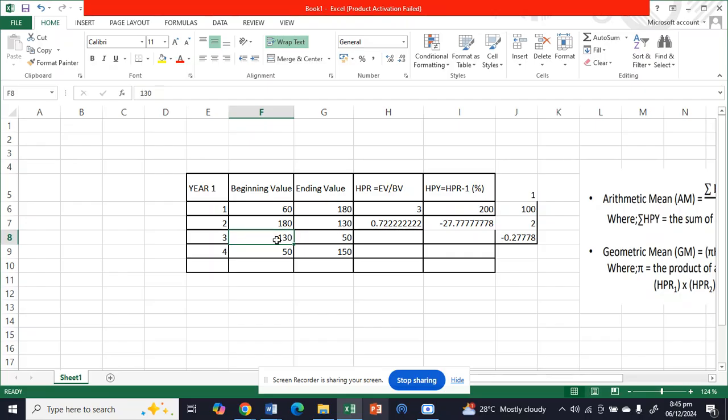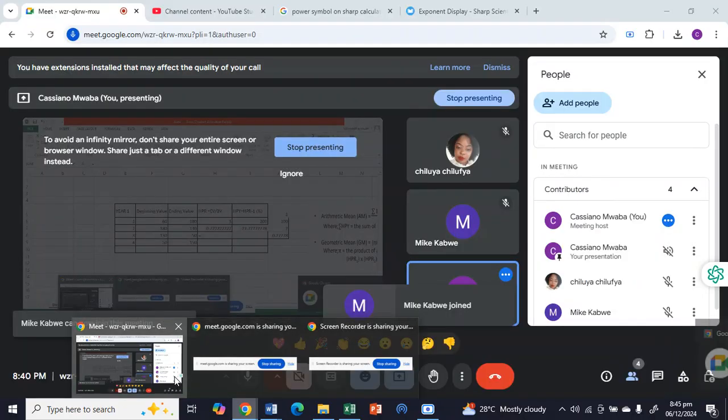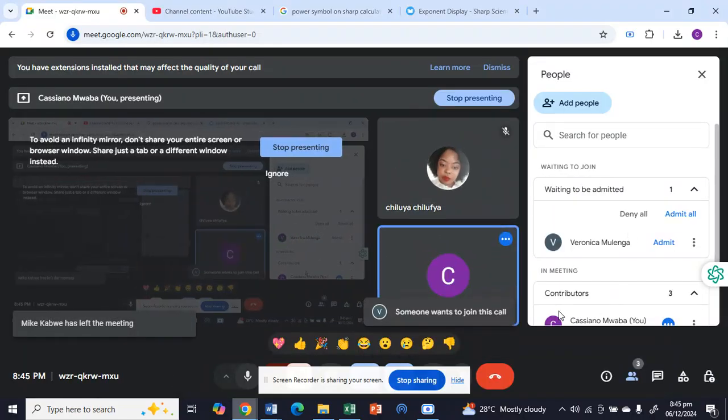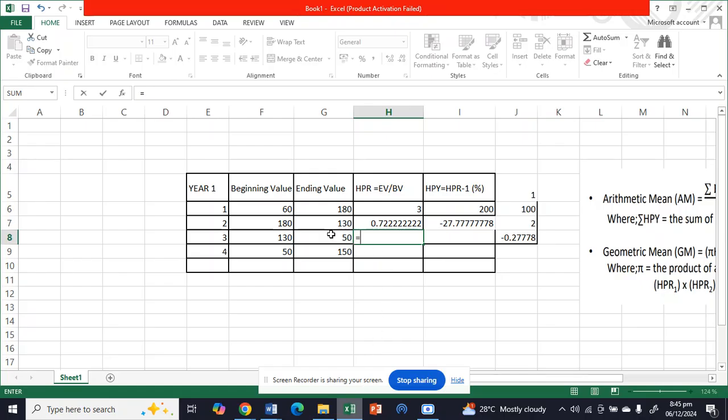We go to year 3. Our investment is worth 130. Then at the end of the year, it is worth 50. So again, we can see this is a decrease. So to get our holding period return, the ending value divided by the beginning value, 0.384.